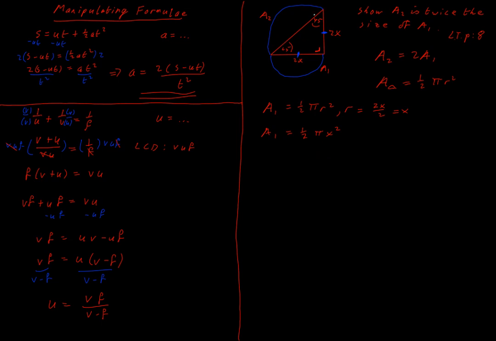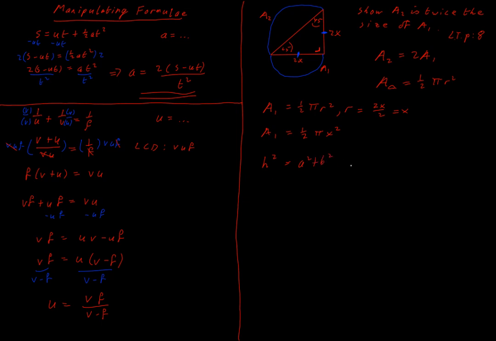But I want to know what the area of A2 is going to be. So I have to think this out now. The hypotenuse is its diameter, and I want the radius, so I can get the diameter first. So if I think back to Pythagoras, I have h squared is going to equal a squared plus b squared.